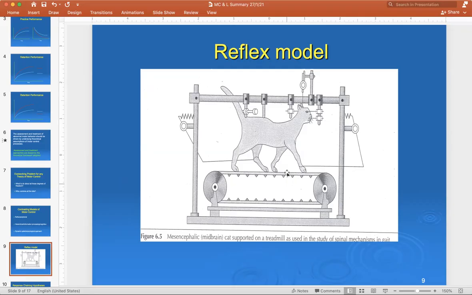You put the cat on two treadmills side by side, the right legs on one treadmill, left legs on another, and you drive those two treadmills at different speeds. The left legs would walk on a slow moving treadmill. The right legs would run on a fast moving treadmill.